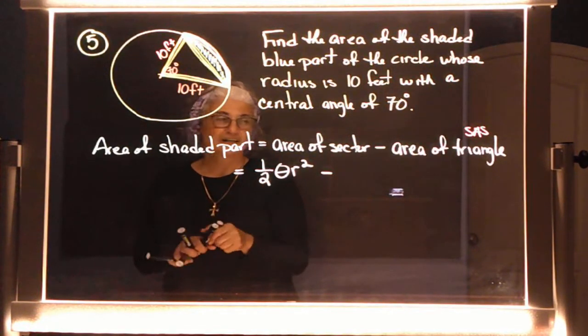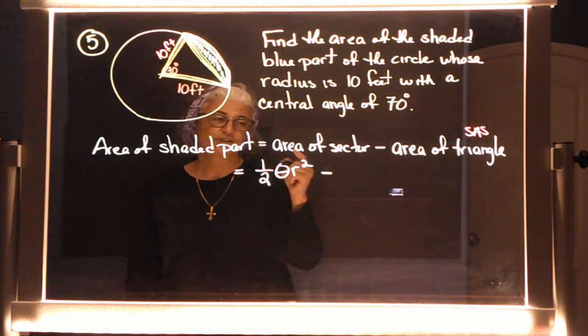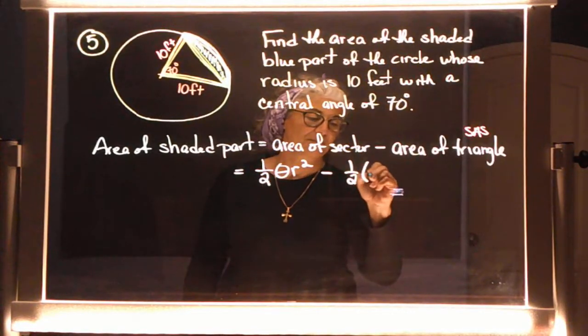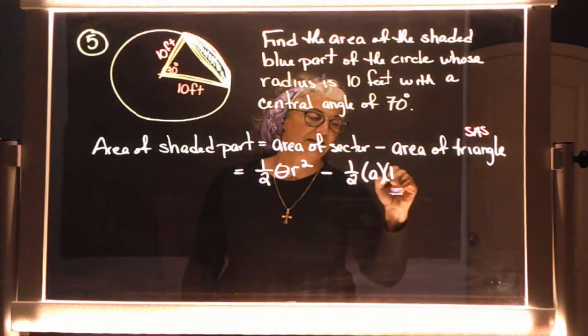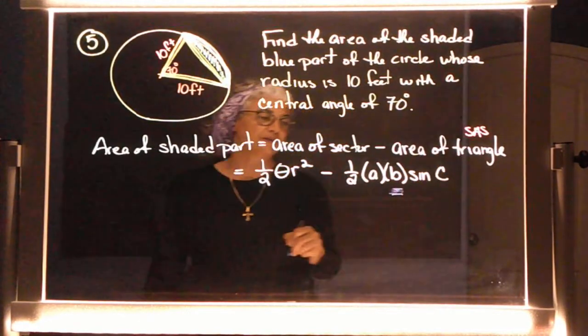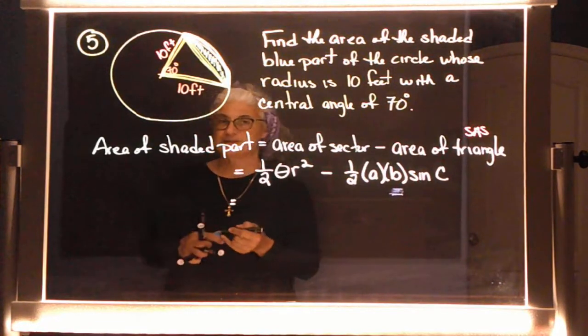So how do you find the area of a side angle side triangle? Good. 1/2 times one of the sides, times the other side, times the sine of the angle in between them. Agreed? Okay. So let's start filling in the pieces to our puzzle.